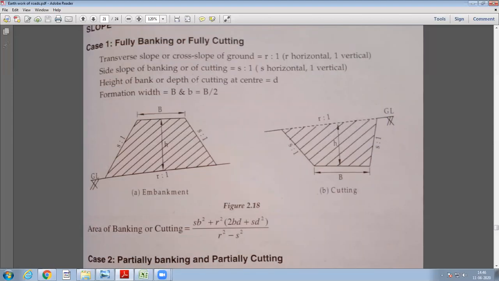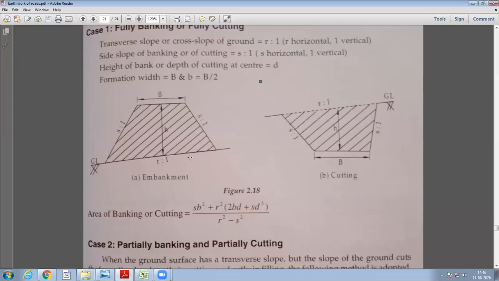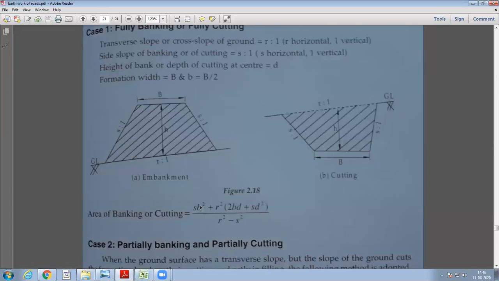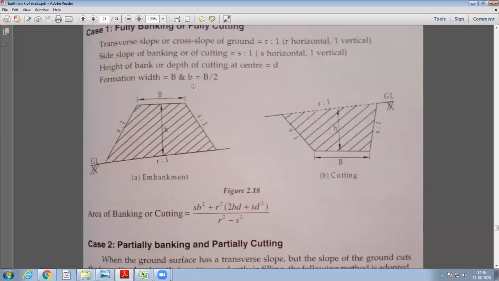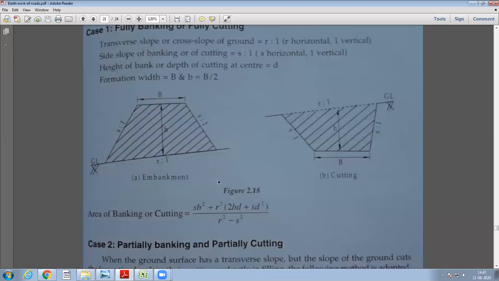Then height of the bank or depth of cutting at the center is as usual d. Formation width is capital B. In this case, we are using the small b in the formula. This small b is always half of formation width capital B. Only in case of transverse slope, we are considering half of the formation width in the formula.